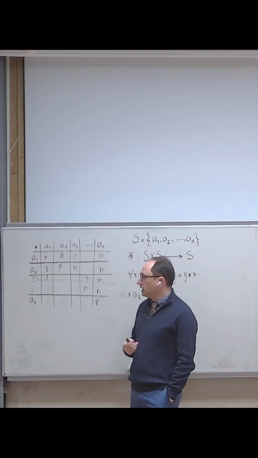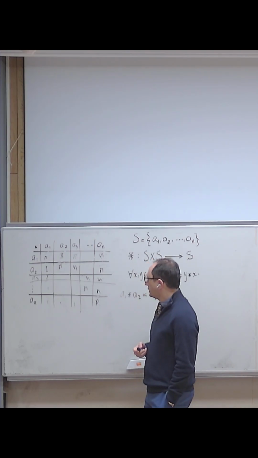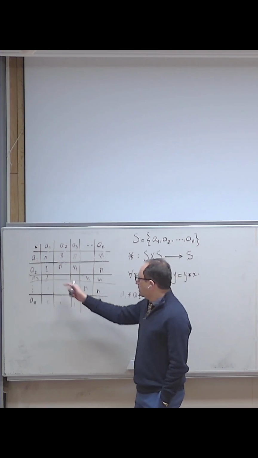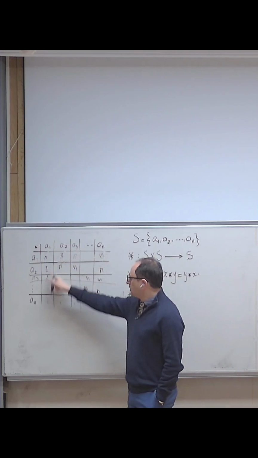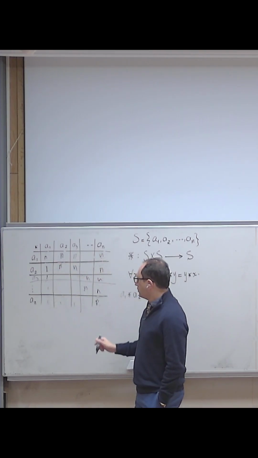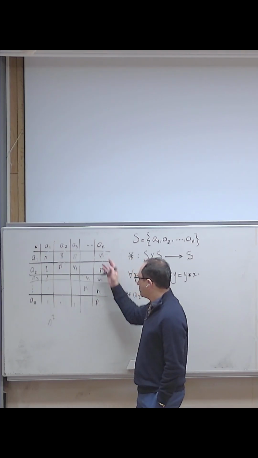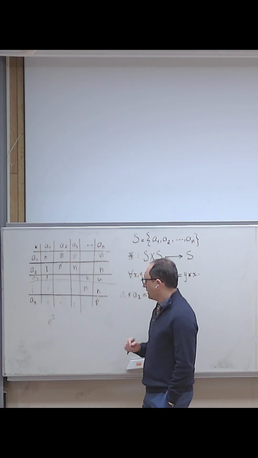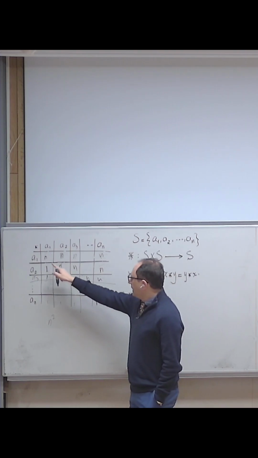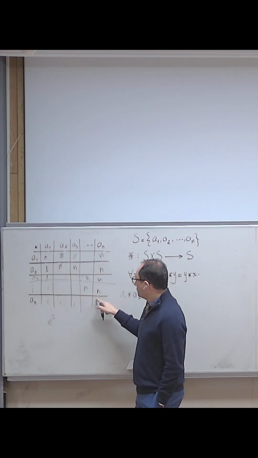So how many n's are there? In total, the size of the square is n by n, so there are n squared elements here.